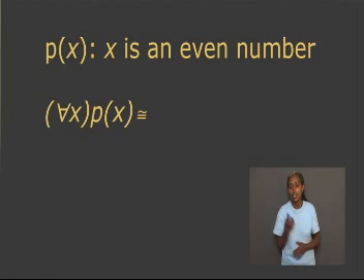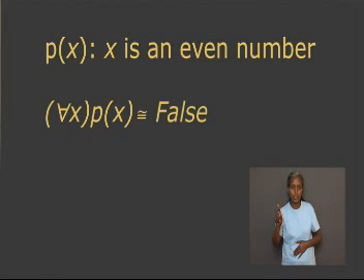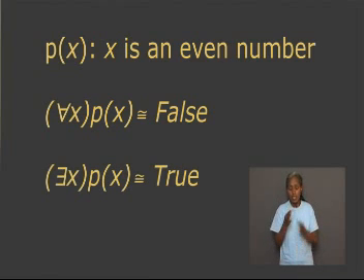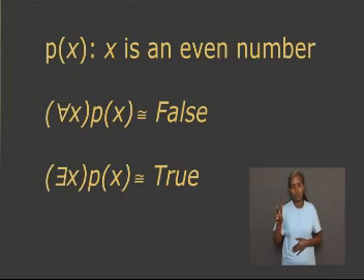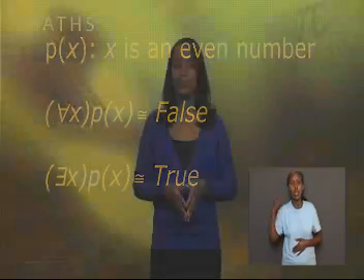If we take the value of x to be 1, then the statement that x is an even number is false. If we apply the existential quantifier to P of x, the statement is true. We can take the value of x to be 2 or any other even number.